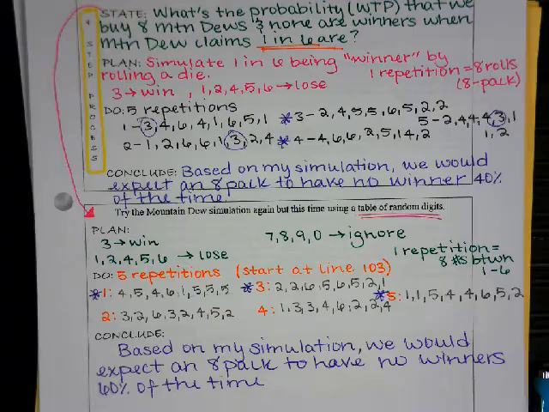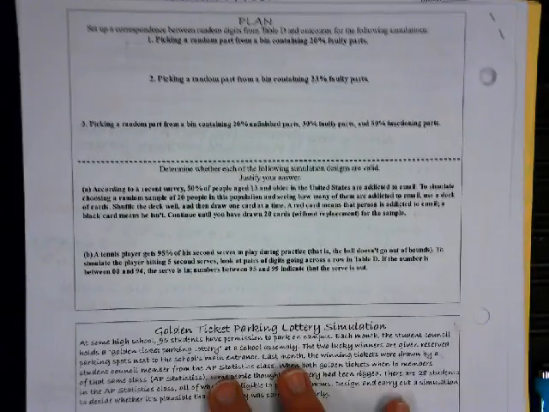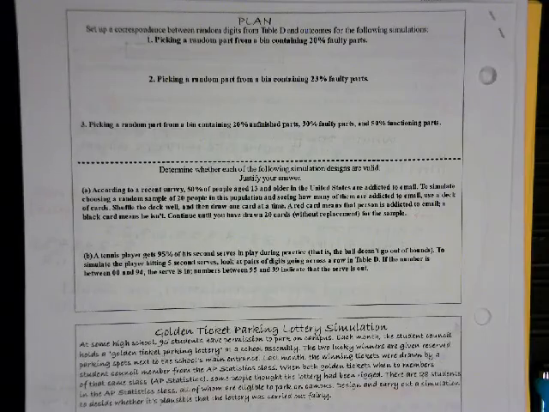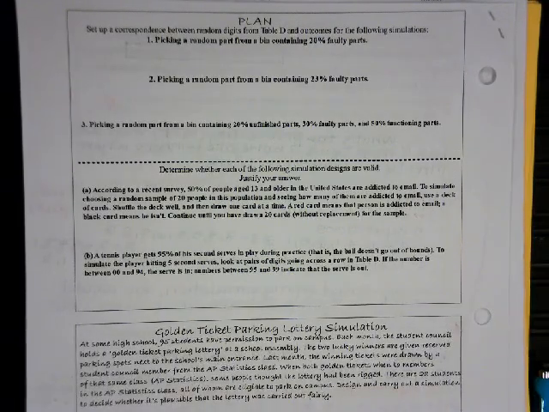So the plan part usually is where I see kids get stumped. So we're going to look at a few situations. We're not going to do the whole process or the simulation. We're just going to come up with the plan part. And these are all going to be using the table of random digits.